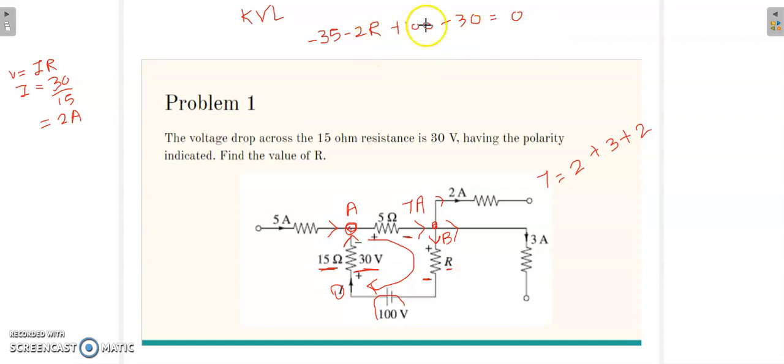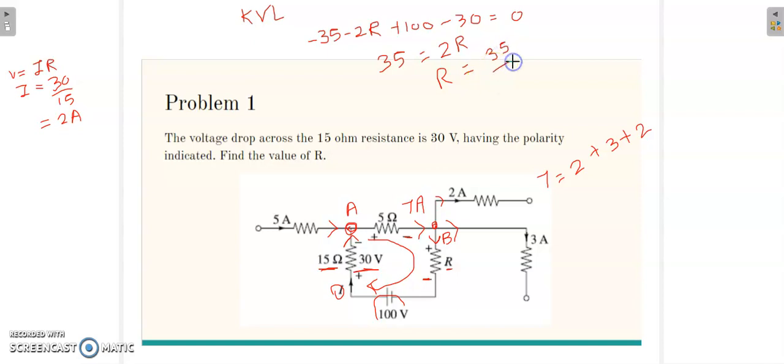Now I can simply consider all the numbers. 100 minus 30 is 70, 70 minus 35 is 35, and if I take this minus 2R on the other side, it will become 2R. So what I have got, 2R equals 35. So R will be simply 35 by 2, that is 17.5.